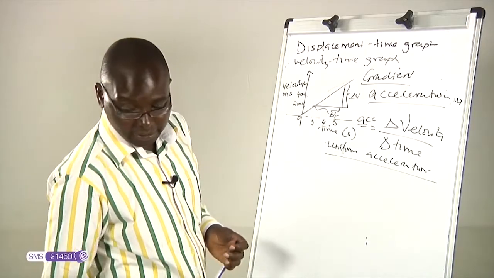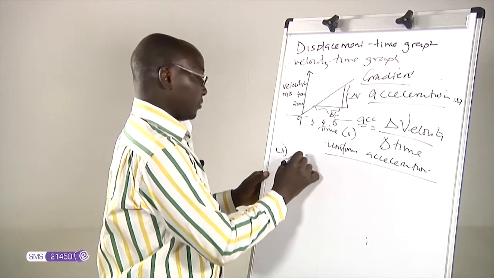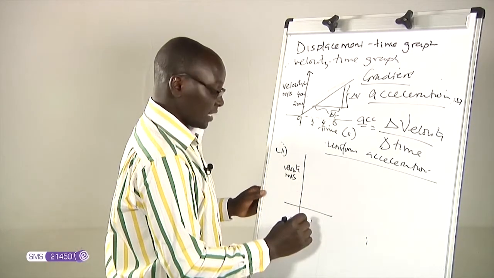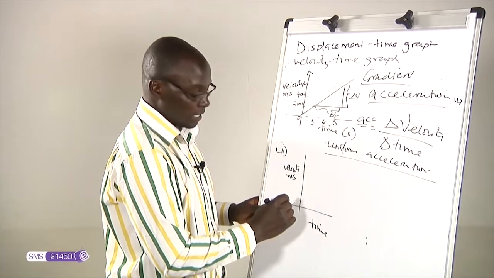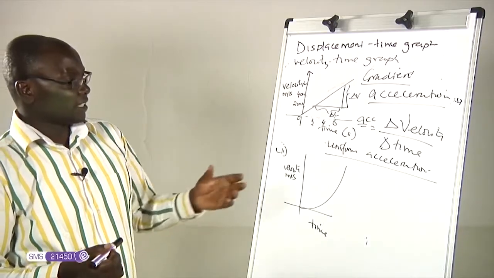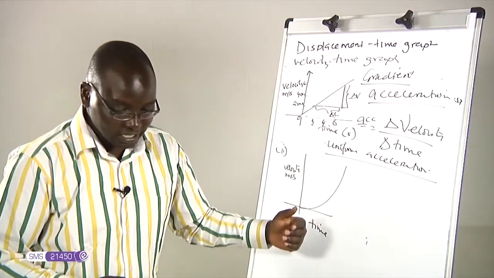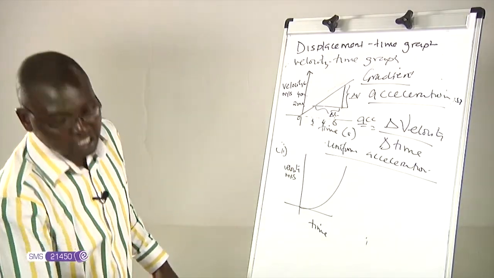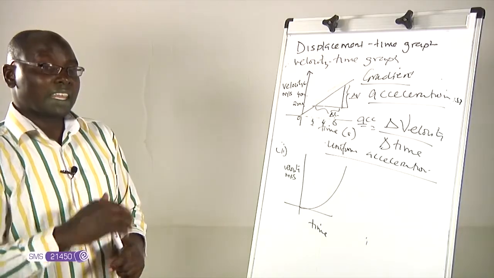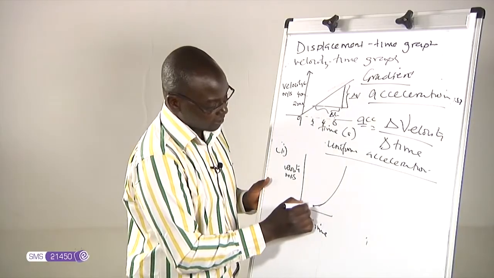Now, the other one that we can have is number 2. It is still velocity in meters per second, here we have time, and the line is curving like that. As I've said, the earlier one is a body whose change of velocity is uniform, therefore uniform acceleration. Here we have a body with velocity changing non-uniformly, and therefore the acceleration is different.